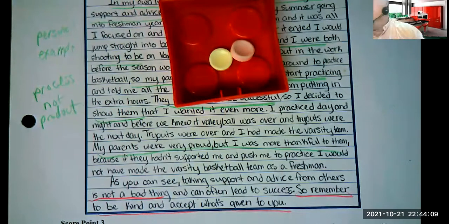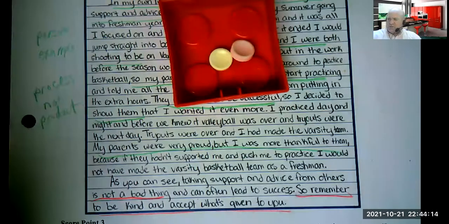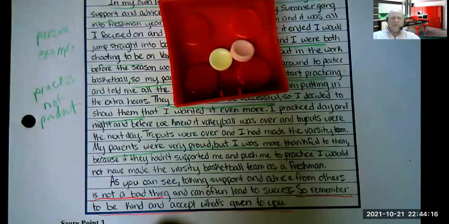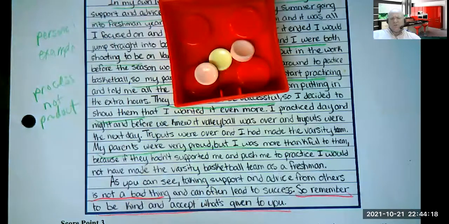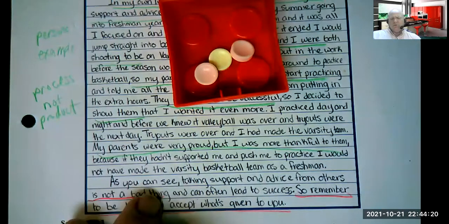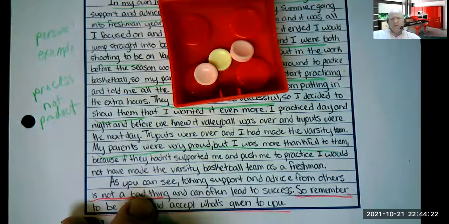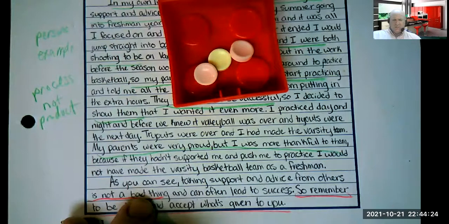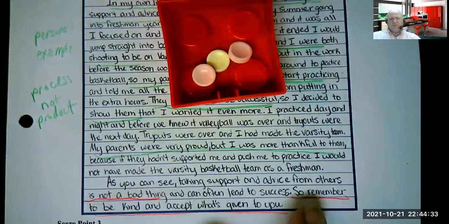And I'm going to give 1, it's not a bad thing. Now, since this is a 9th grader or a student taking the 9th grade, instead of using the word bad, we could have used a synonym for bad: horrible, disgusting, ugly, rotten. So remember to be kind and accept what's given to you.